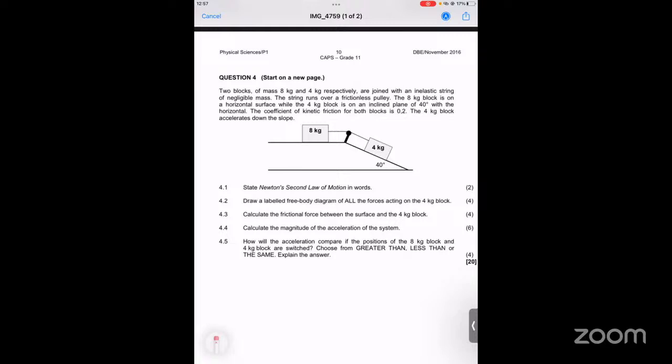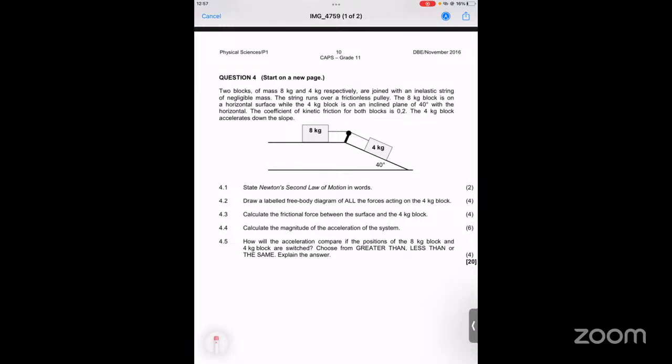Yes, so normally in physical sciences, you just have to give a physical reason, and even if it's not exactly the same as what they indicated, then it should be fine. But the most important part is that the FG parallel will increase. That is why the acceleration will increase. Many reasons can be given there.